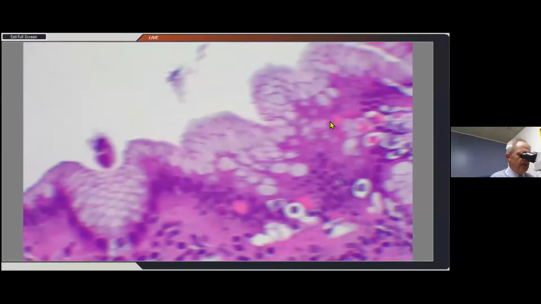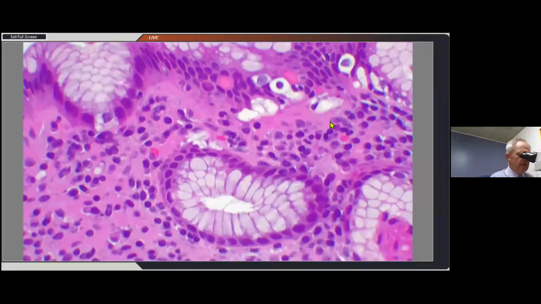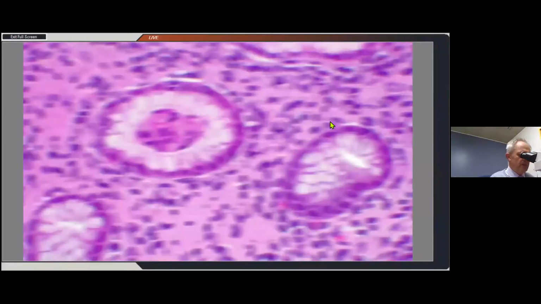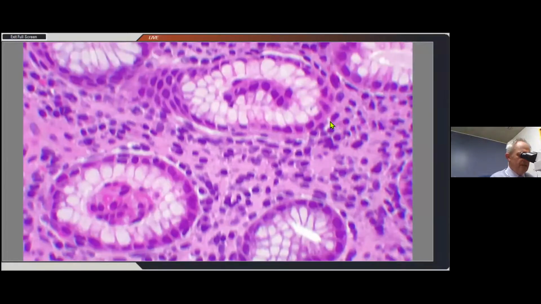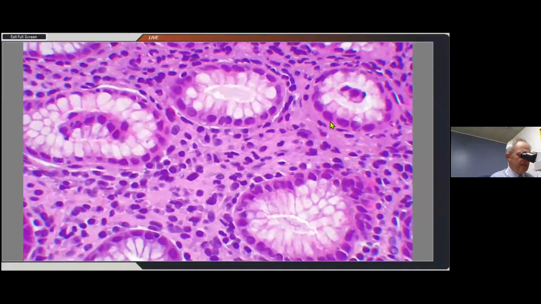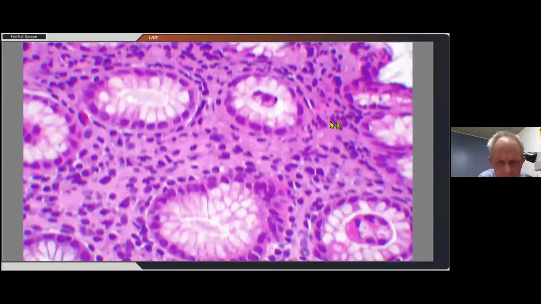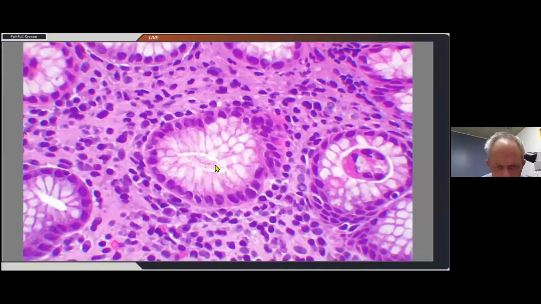If we look into the actual crypts as well, and I should have put a dot once again in the interests of time, but if one looks down here, I found one, you can see, for example, just there, and also there, those curvilinear structures, and those are Helicobacter pylori. This here is debris and should be ignored.